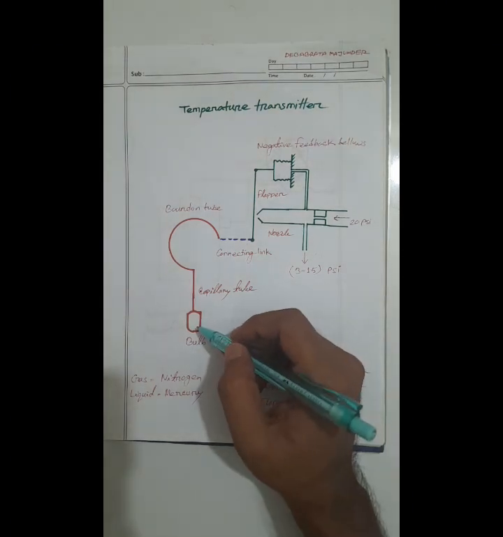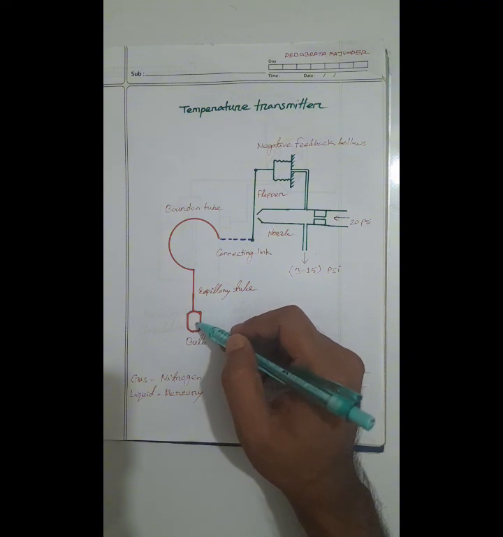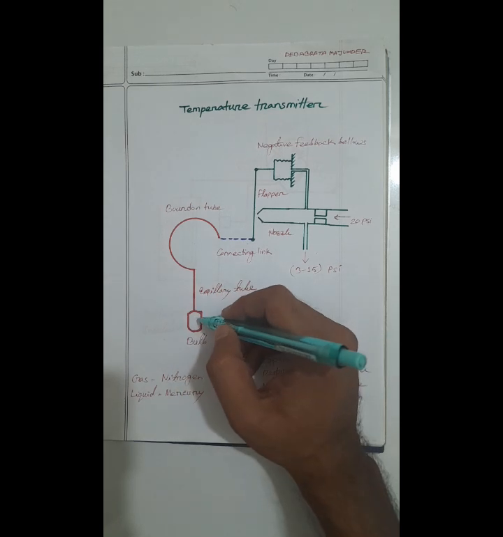This bulb is filled with gas or liquid. That means inert gas or liquid is inside the bulb. What type of inert gas? We can use nitrogen or helium.